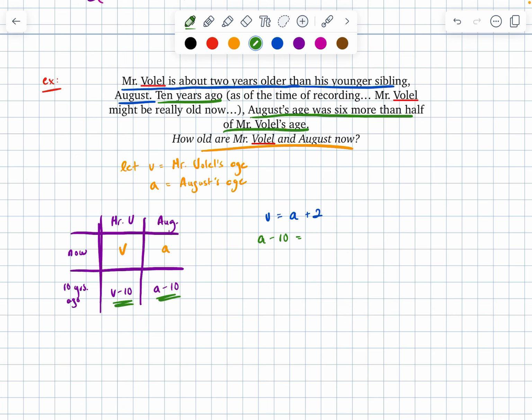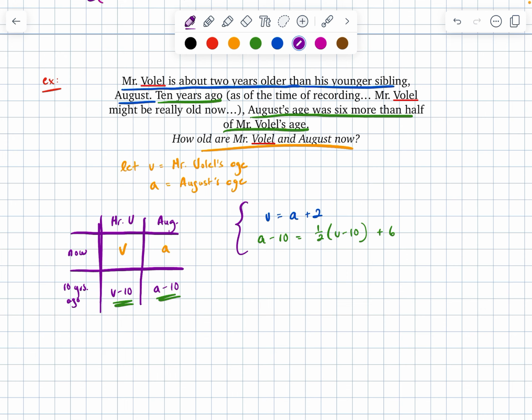Well, my age 10 years ago was V minus 10, and I want half of V minus 10, so I have 1/2 times V minus 10. You could also write V minus 10 over 2. And then August was 6 more than that, so I need to add 6 to this number. There we go. There's our system.